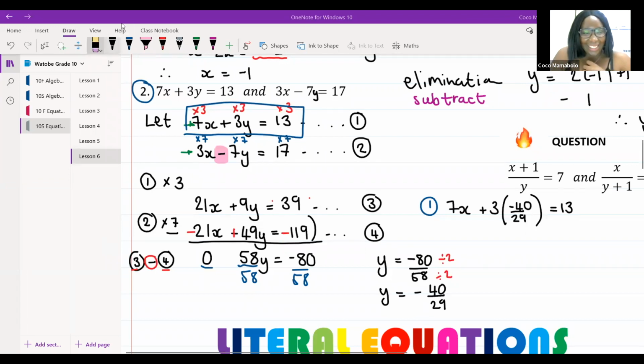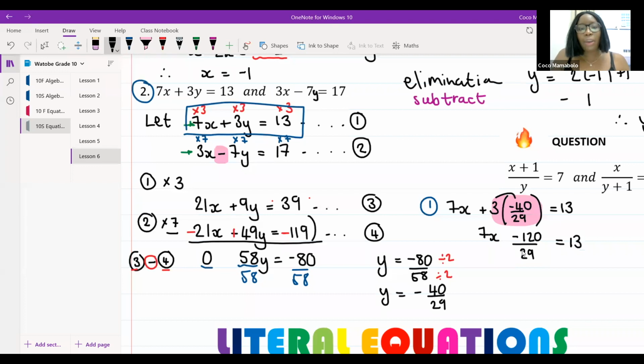Okay, so Machawanola says, can you please explain how we got X again? That's perfectly fine, my sweetie. What I'm going to do first is multiply this fraction out. I'm going to end up with 7x minus 120 over 29. How I got that is I just went 3 multiplied by -40, and all of this is equal to 13.